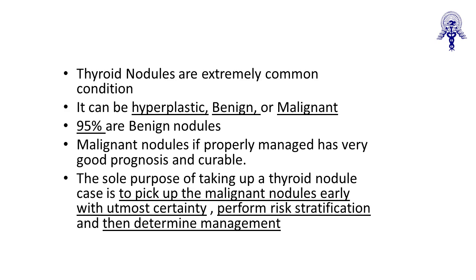It is only these 5% which are malignant, and fortunately these are differentiated. Most of these 5% are again differentiated thyroid cancers, mostly papillary and follicular, and the other one is medullary. Anaplastic or poorly differentiated carcinomas or a lymphoma occurring in the thyroid are extremely rare.